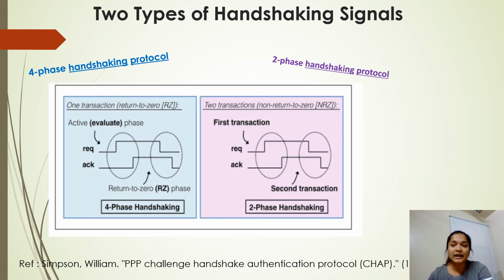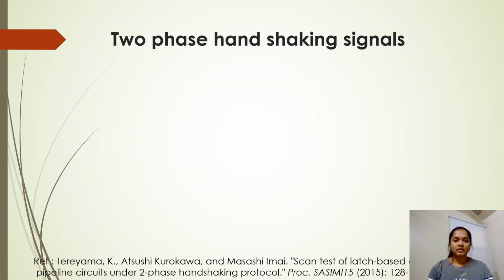In two-phase handshaking protocol, the requester simply toggles the value on the request wire once, and the receiver responds by toggling the value on the acknowledgement wire.